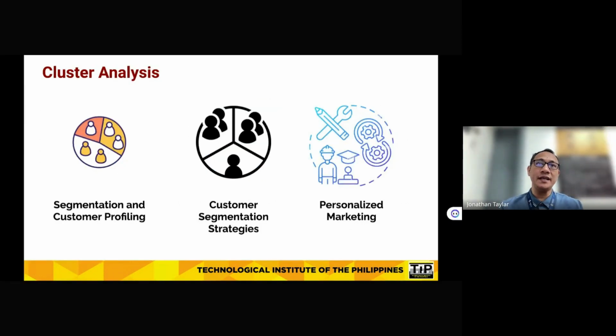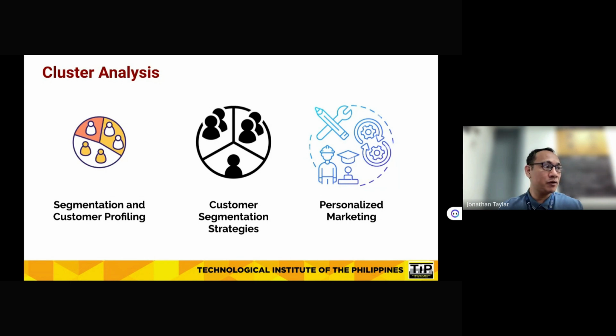A common technique in artificial intelligence is what we call cluster analysis. This is used for segmentation and perhaps used for many purposes, especially in business management transactions. Cluster AI enables segmentation, for example, of customer profiling.